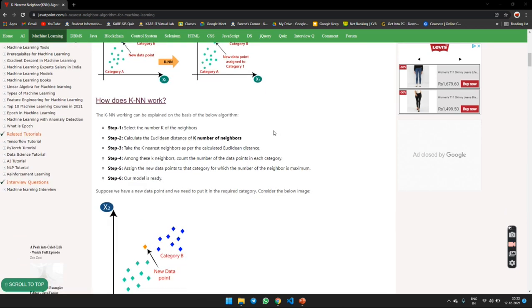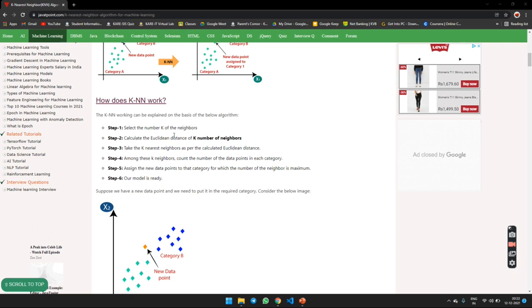Okay, how does it work? There are simply six steps for the K nearest neighbor algorithm to work. First step: select the number K of neighbors. Second, calculate the distance to the K number of neighbors.